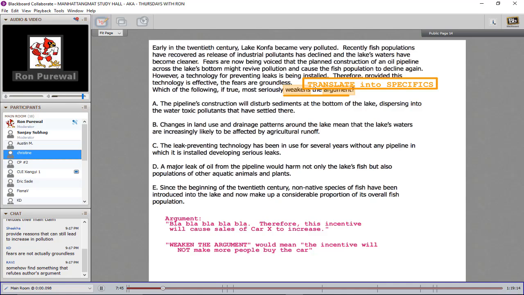Another way you can think about this: how would I explain this to a 10-year-old? 10-year-olds have no idea what any of those words mean: weaken, argument, fears, groundless, proposal, plan, technology. 10-year-olds only understand concrete, specific things. So if you said to a 10-year-old, this incentive will not achieve its goal, a 10-year-old would have no idea what that means. On the other hand, if you said, okay, this plan will not make more people buy cars, that makes sense.